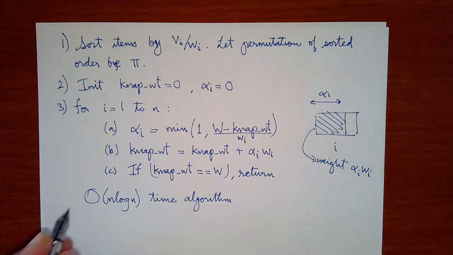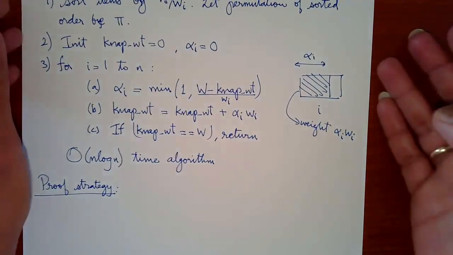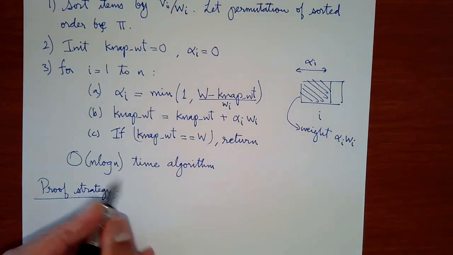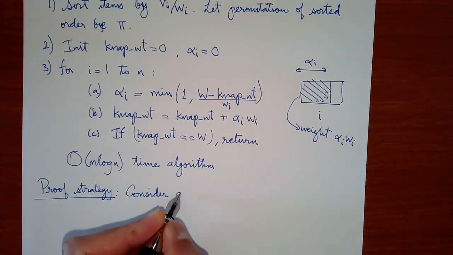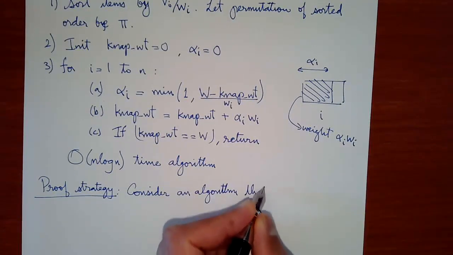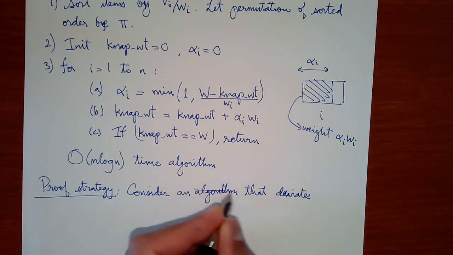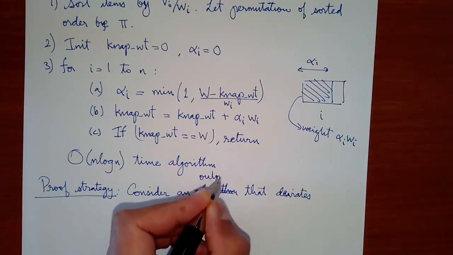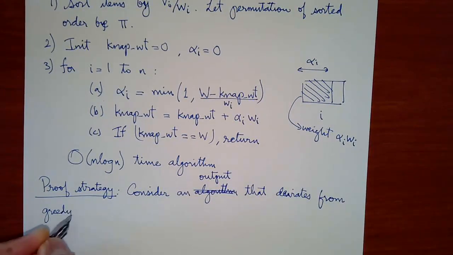The proof strategy is, you consider an output that deviates from the greedy strategy.